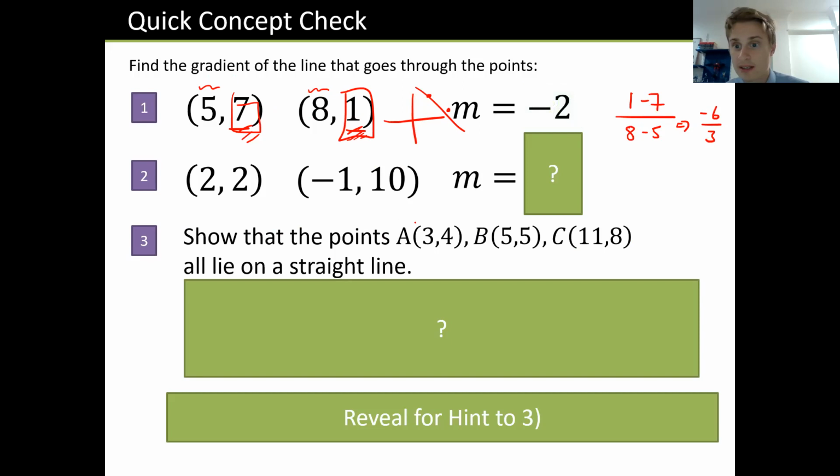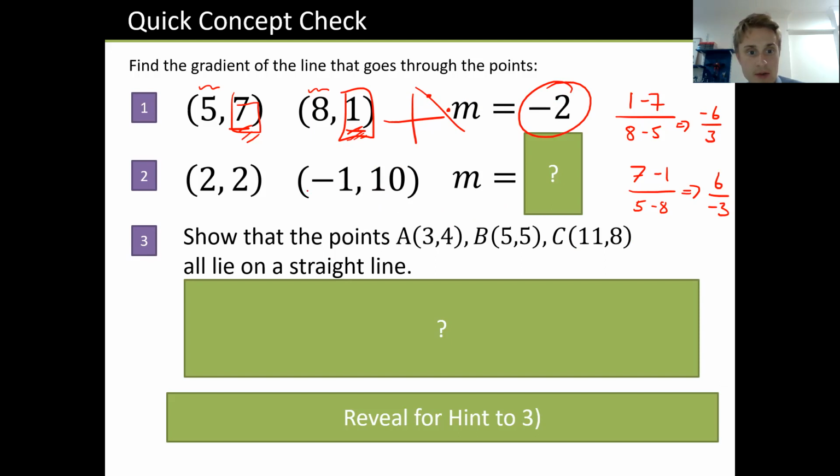Do you want to see that it works the other way around? Let's do it the other way: 7 minus 1, over 5 minus 8. That's the same as 6 divided by minus 3, which is also minus 2. So as long as you're consistent, it's fine. Do a quick sketch just to sense-check what you're doing.